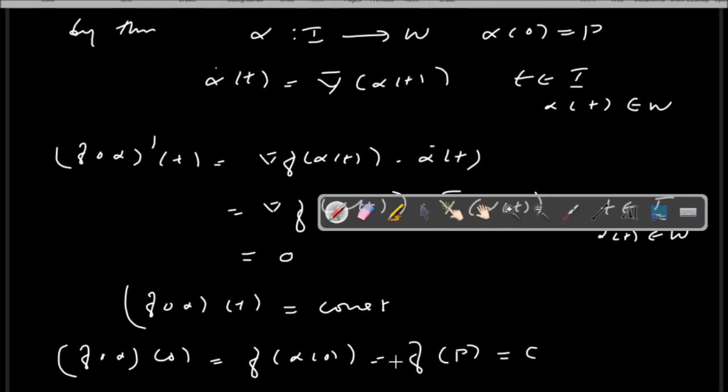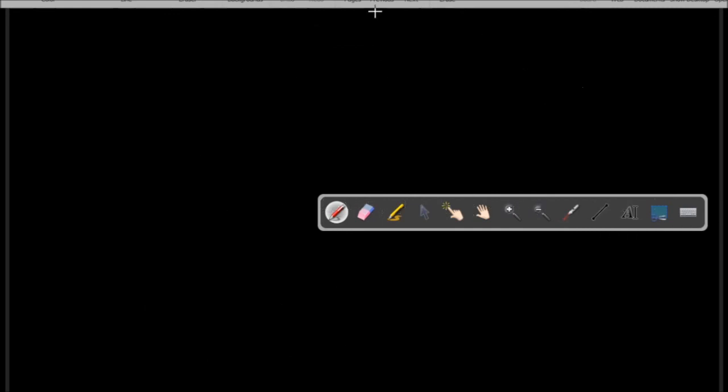So you are getting your constant as c. So f circle alpha of t equals c, that is, f of alpha of t equals c for all t element of I.